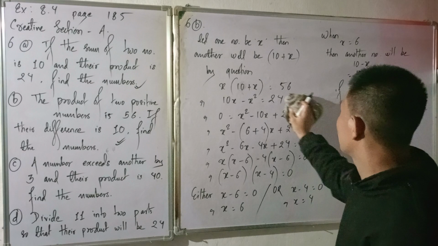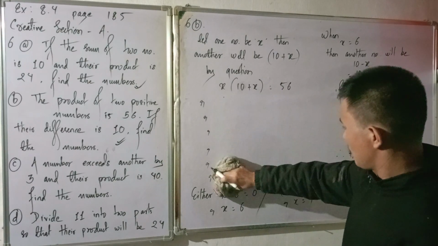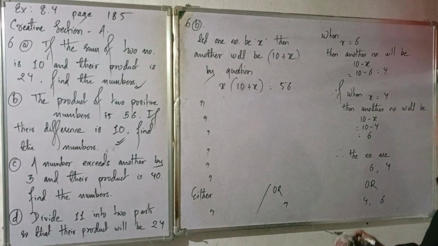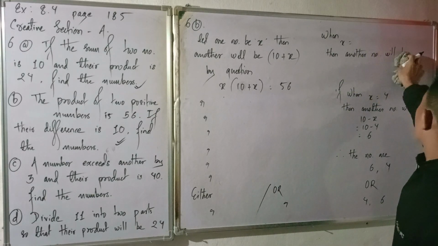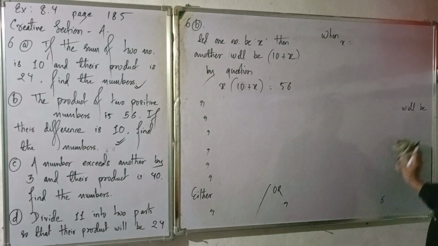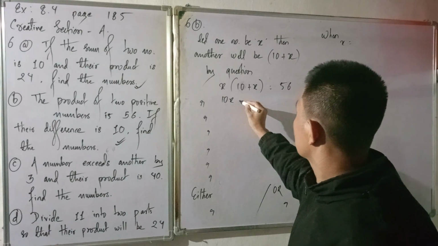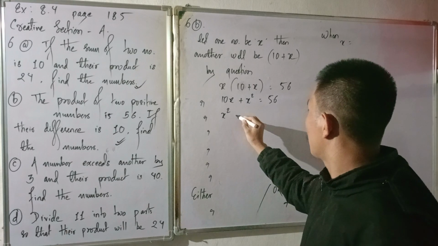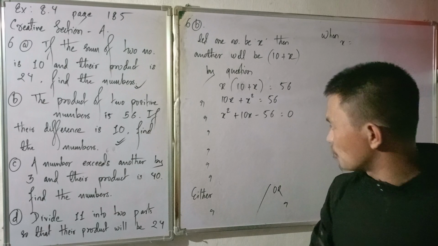Now you simplify. 10 times x plus x squared equals 56, or x squared plus 10x minus 56 must equal 0.